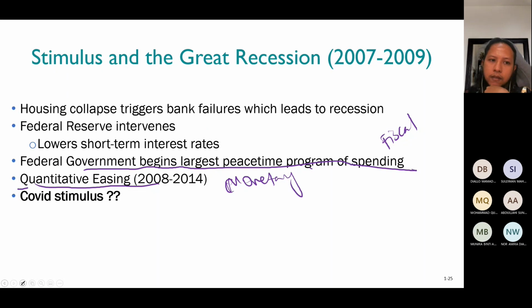This is arguably the same thing that happened for the COVID stimulus, and this is related to your assignment. Remember, your assignment wants you to look at the government response after COVID happened.